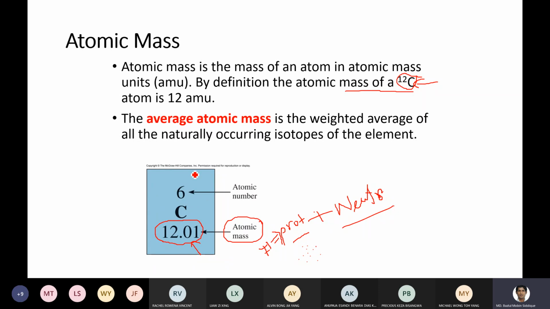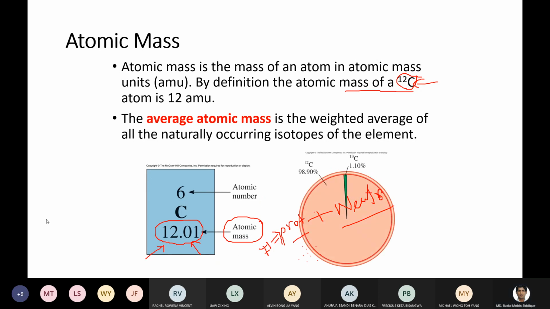If we did not consider the average atomic mass, of course we would have to express it as carbon 12 or carbon 14, always like that. But on average, carbon is 12.01. And this also tells us how close it is to 12, meaning 12 is the most prevailing in nature.